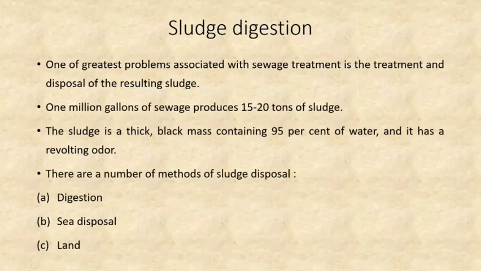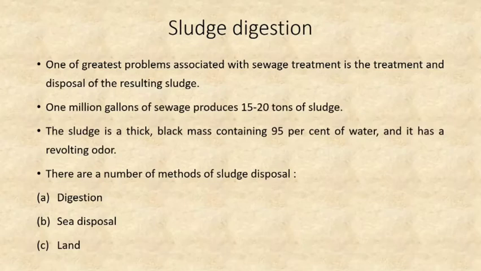The sludge which is formed in a secondary sedimentation tank now goes through sludge digestion. It is one of the greatest problems associated with sewage treatment, that is, treatment and disposal of the resulting sludge. One million liters of sewage produces 15 to 20 tons of sludge.